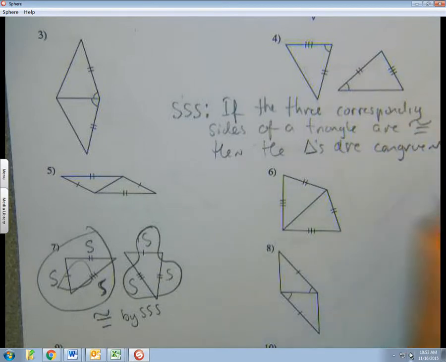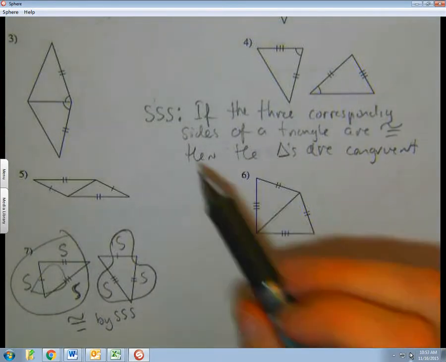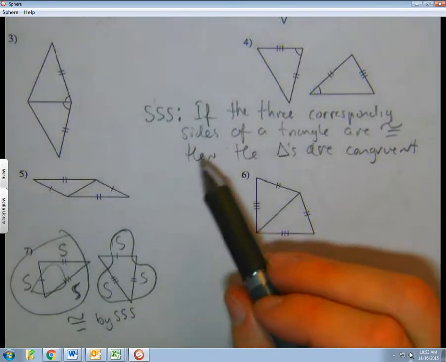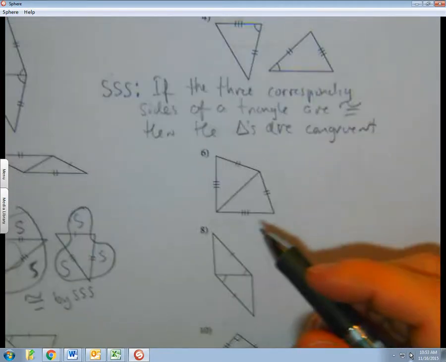I should have said this earlier, but make sure you're getting all this down, because when you turn this in, we're going to give you a grade based on having all of this. So let's hit side angle side really quick as well.